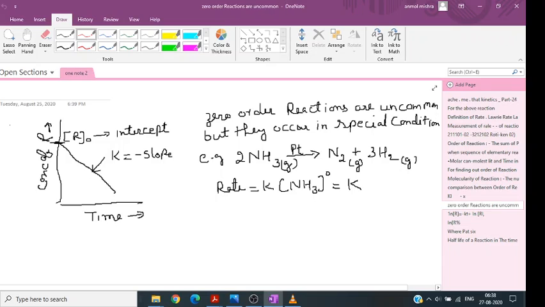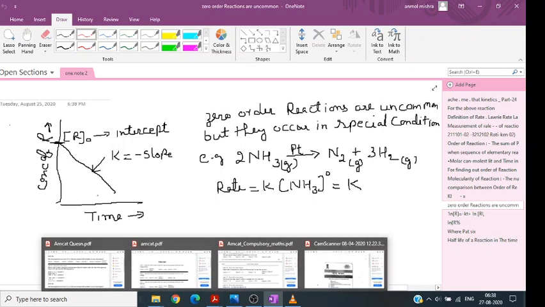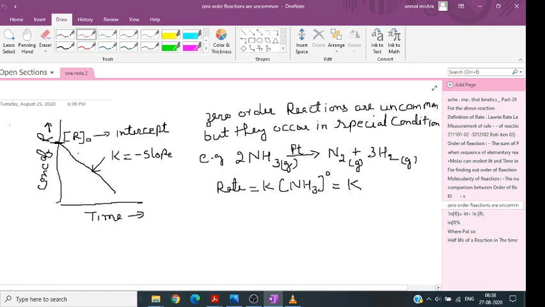Now if we plot a graph between concentration of the reactant, R, versus time, we get a straight line.